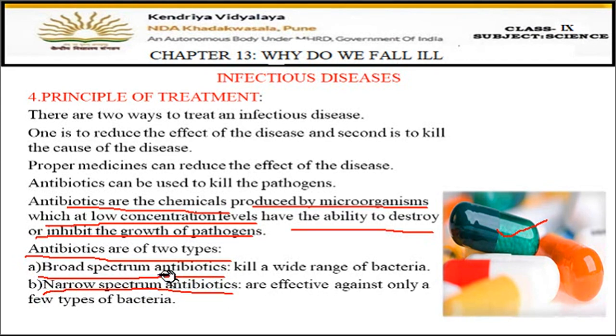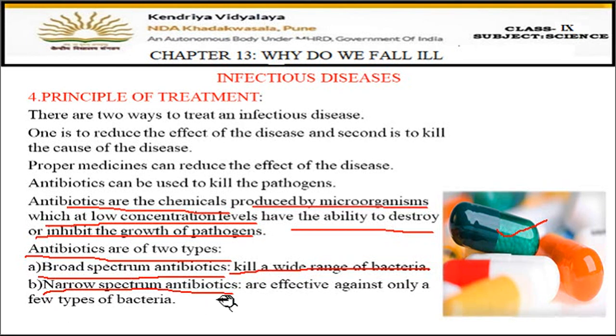Broad spectrum antibiotics can work on a broad range of bacteria, many species of bacteria. So they kill a wide range of bacteria; many different types of bacteria can be killed using them.